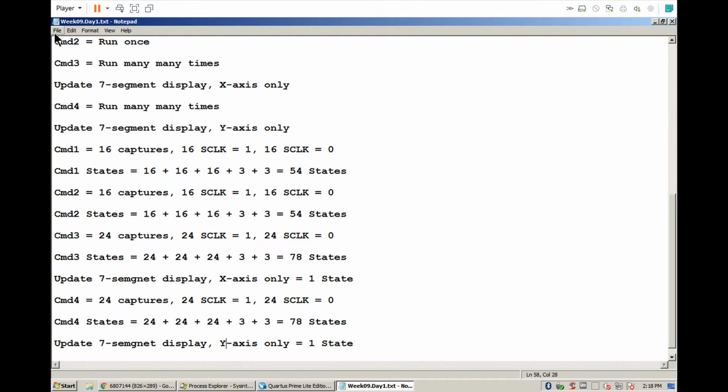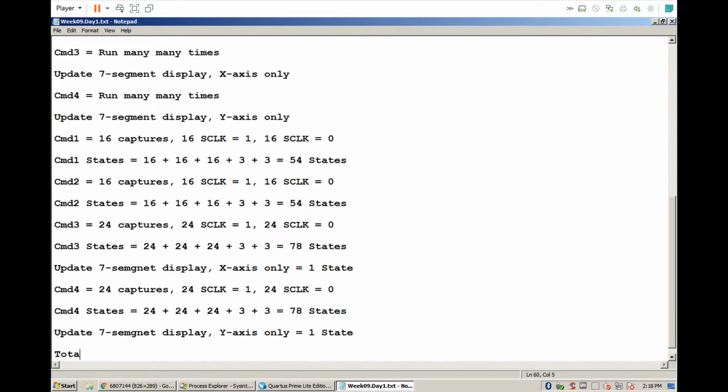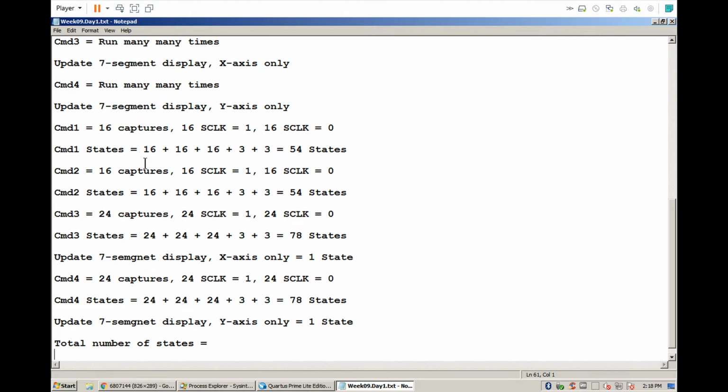Right. So now we have created a sequence for the number of states for each command. So let's do the total number of states. Okay. So command number 1, 54. Command 2, 54. Command 3, 78. Update display, 1.